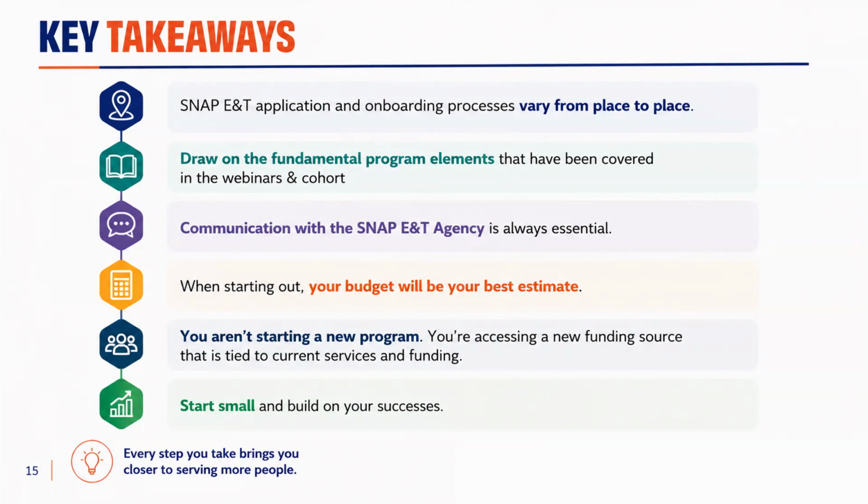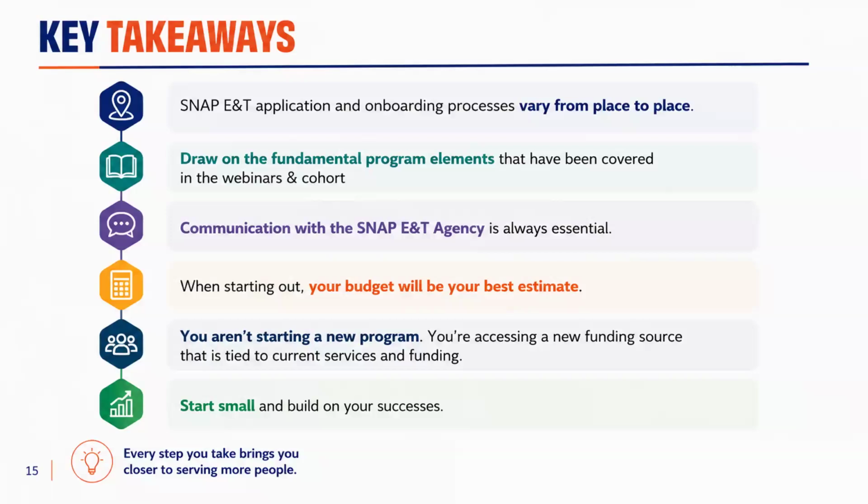So make sure you understand what the state or county agency's timeline is for getting that information in, because oftentimes, as a third-party provider, you're going to need to get that information to them sooner than what the state needs to submit to FNS, right? Because they need to take your information and incorporate it into their plan. They need to review it internally before they submit it to FNS. So understanding that timeline is really important.